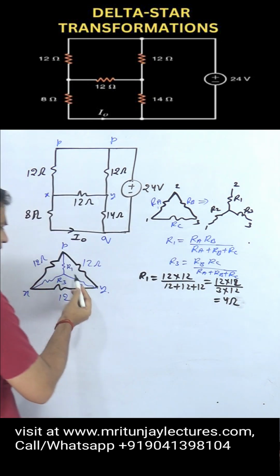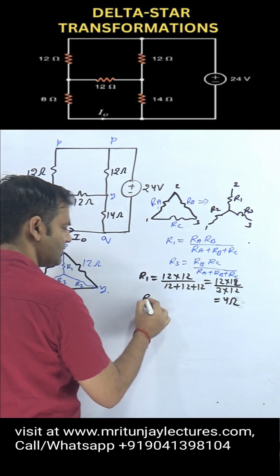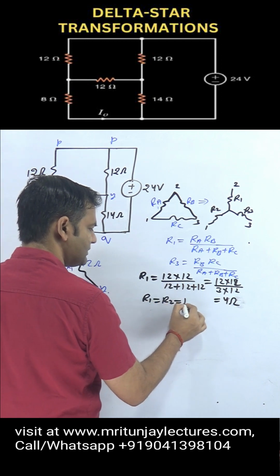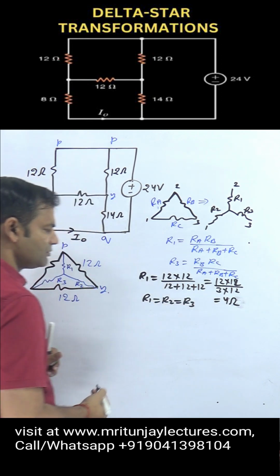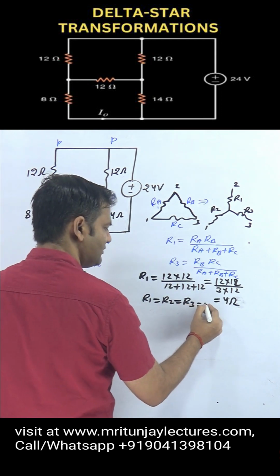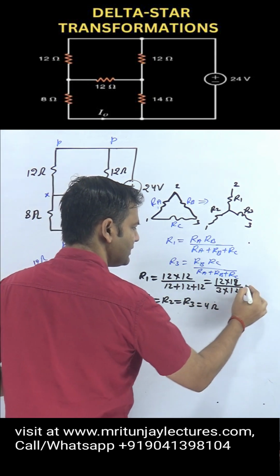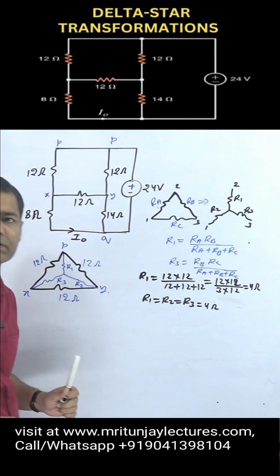Same thing for R2, R3. R1, R2 and R3 are equal. That's why this value is 4 ohm. Clear or not?